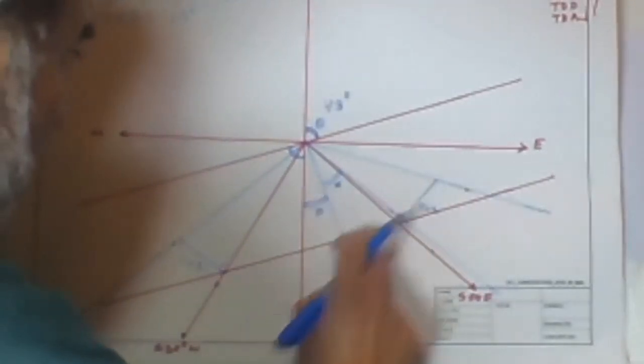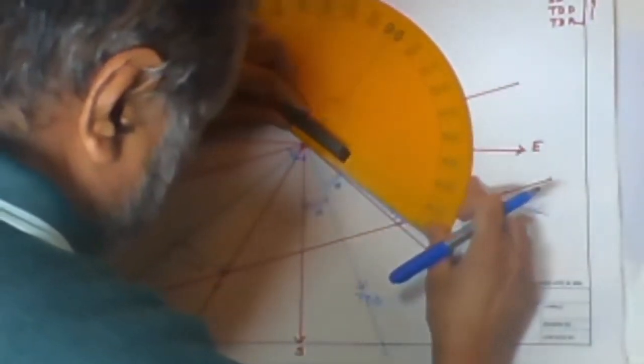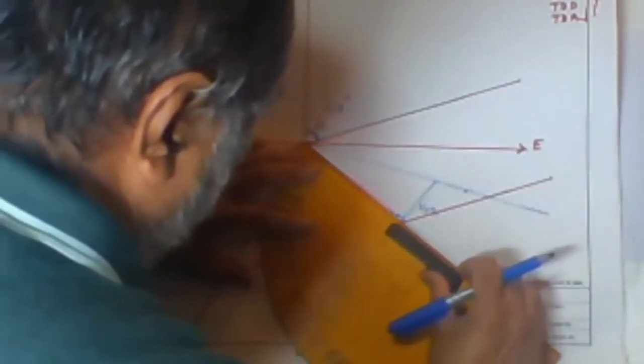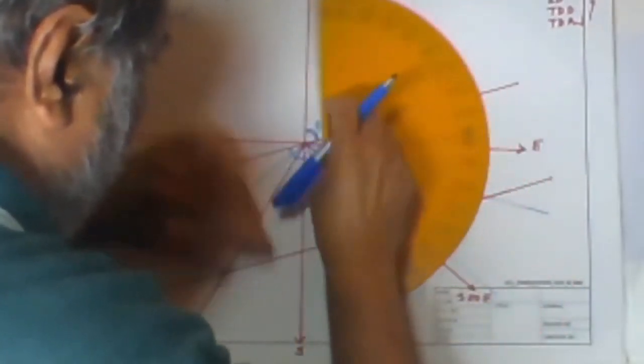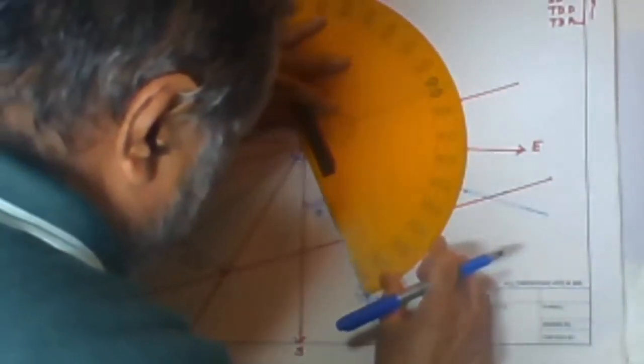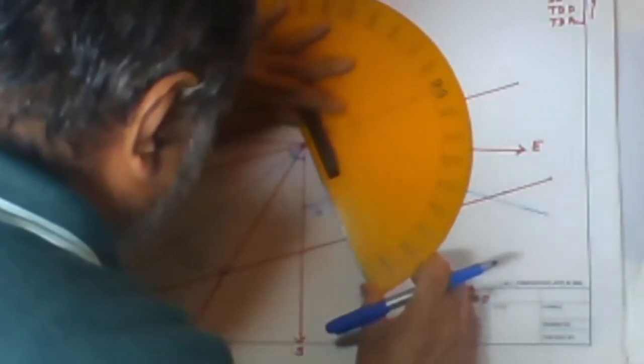Then the second one, find out this angle. 10, 20, 25, 26, 27, 28.